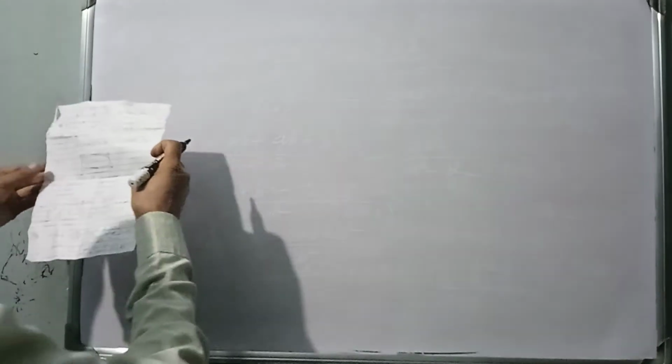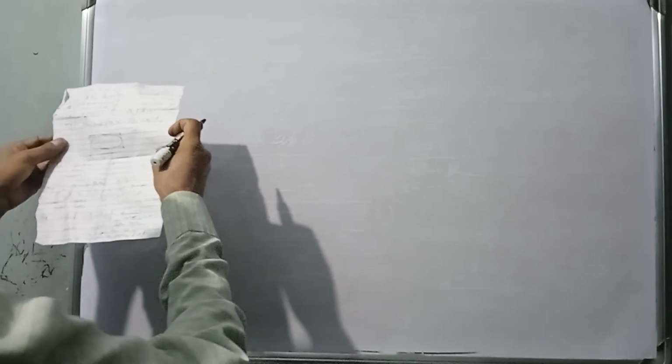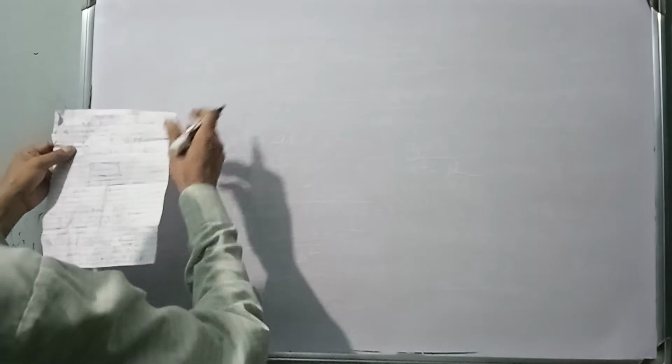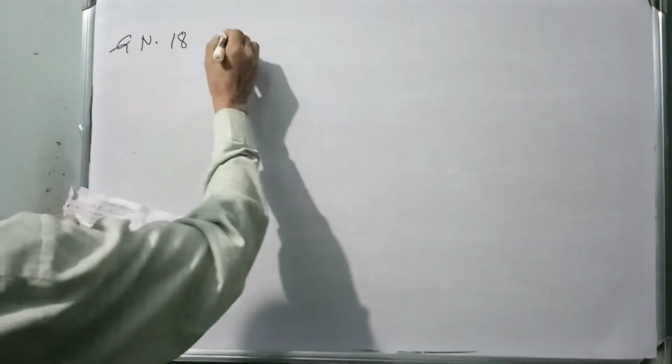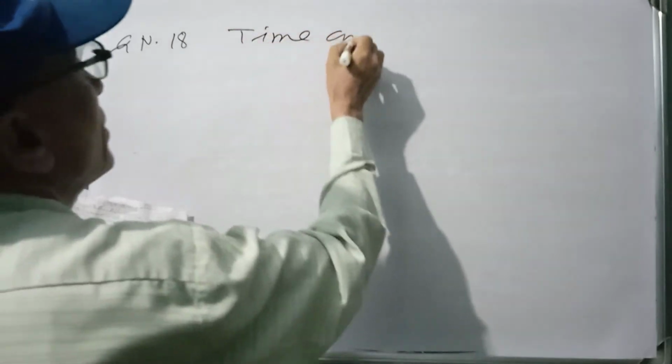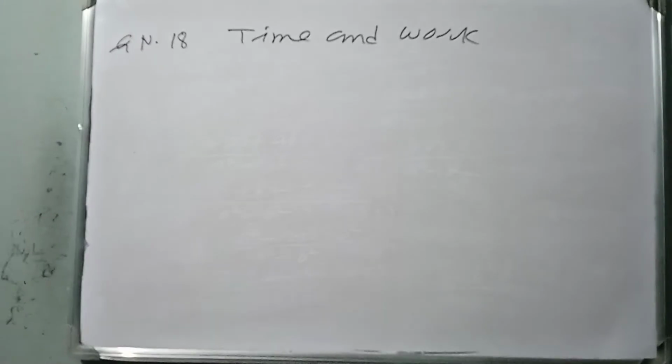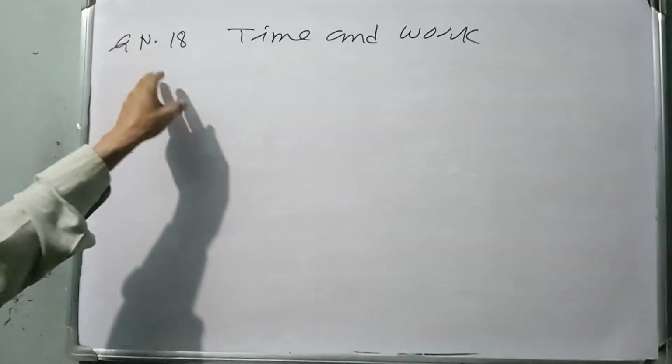Now another question is question number 18. Time and work, unitary method. If you have to find the cost price or earning or income, this is direct variation.